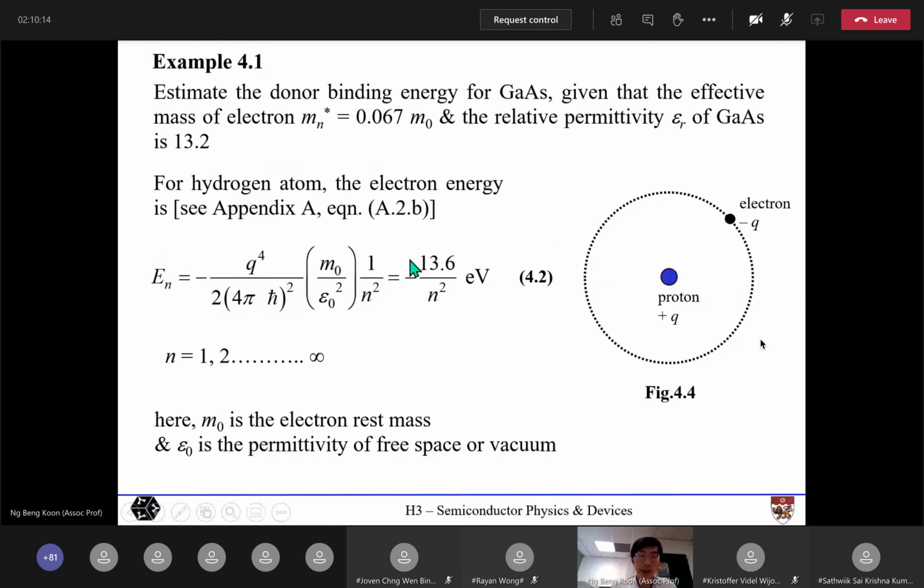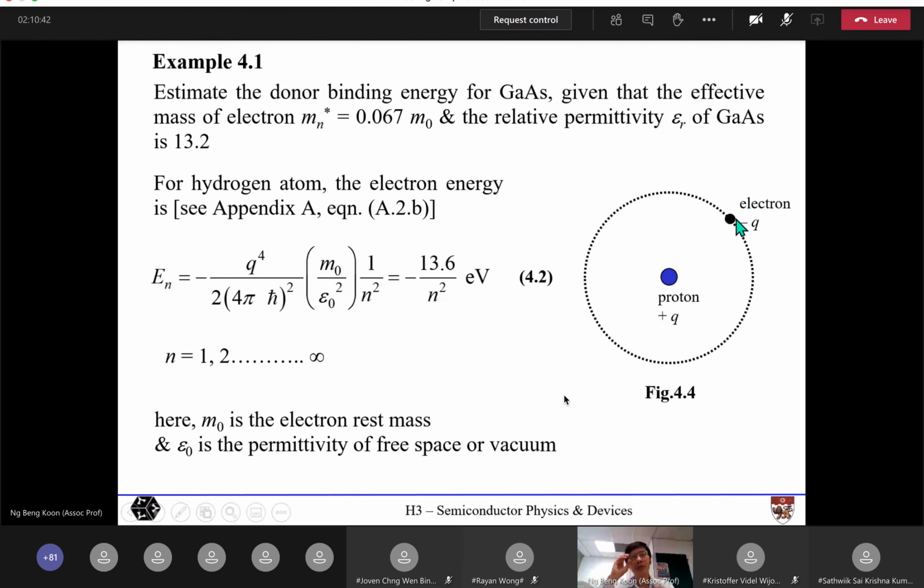We can apply this model to the donor impurity atoms in gallium arsenide, because the fifth electron is quite similar to a hydrogen atom: one electron bound to a nucleus. If we apply this equation to the donor atoms in a gallium arsenide crystal, then the mass of this electron will no longer be just the rest mass.